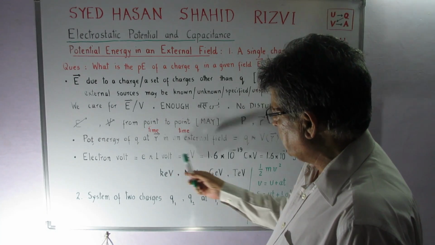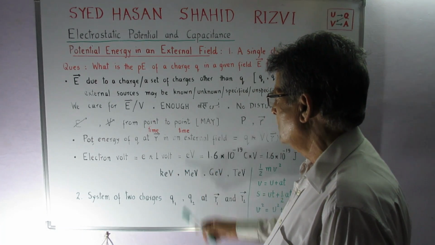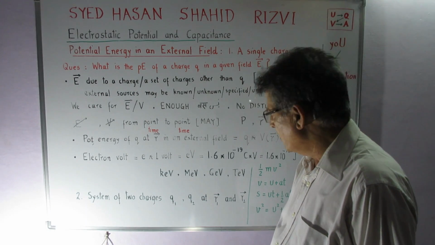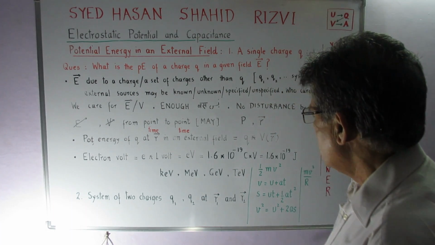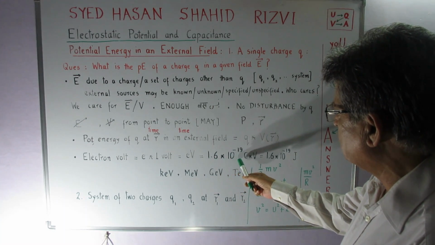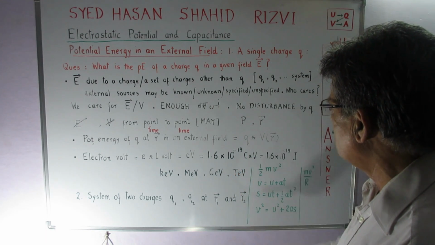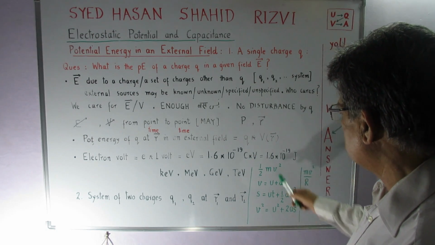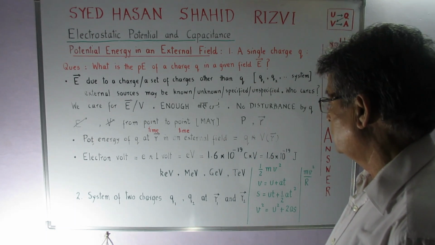Then the energy that will be there is called eV, electron volt, which turns out to be 1.6 into 10 to the power of minus 19 coulomb into volts, and coulomb into volts is joules. So this is a small unit.